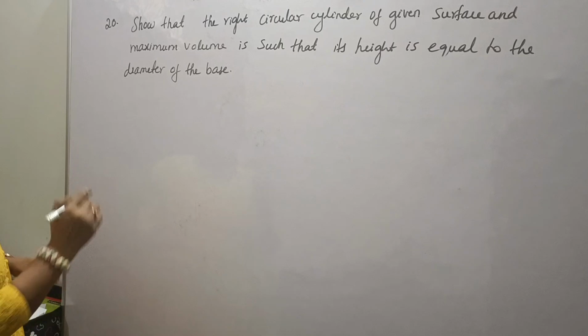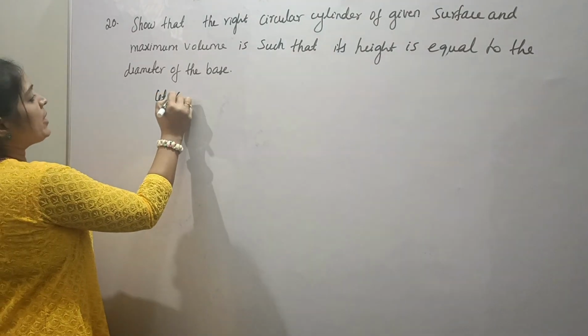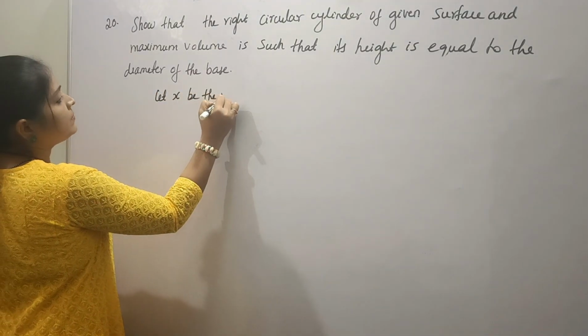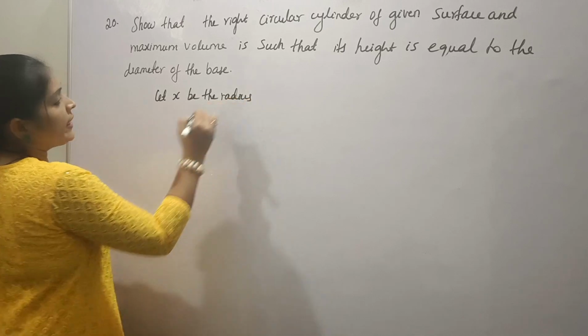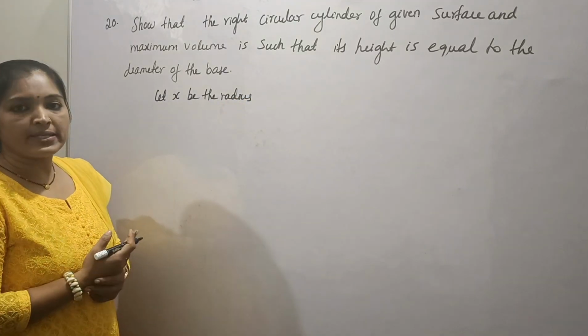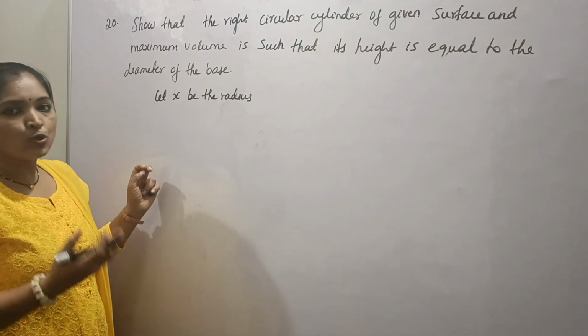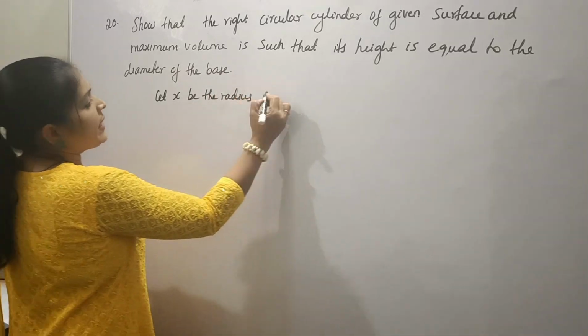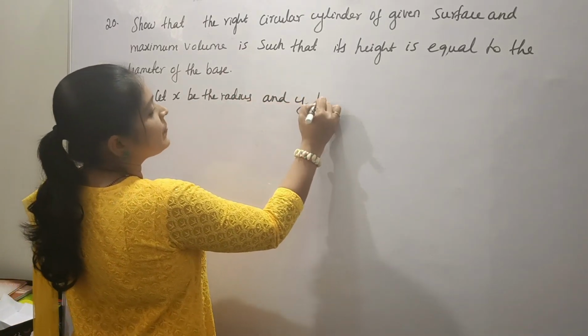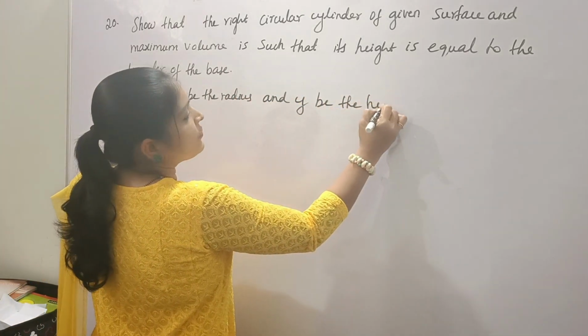Let x be the radius. If x is the radius, then the diameter of the cylinder is 2x. Let x be the radius and y be the height of the cylinder.